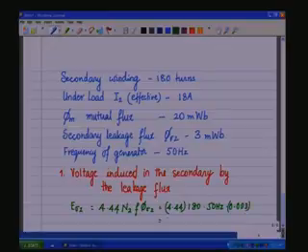So, that would be 119.9 volts or approximately 120 volts. So, 120 volts is induced due to the secondary leakage.